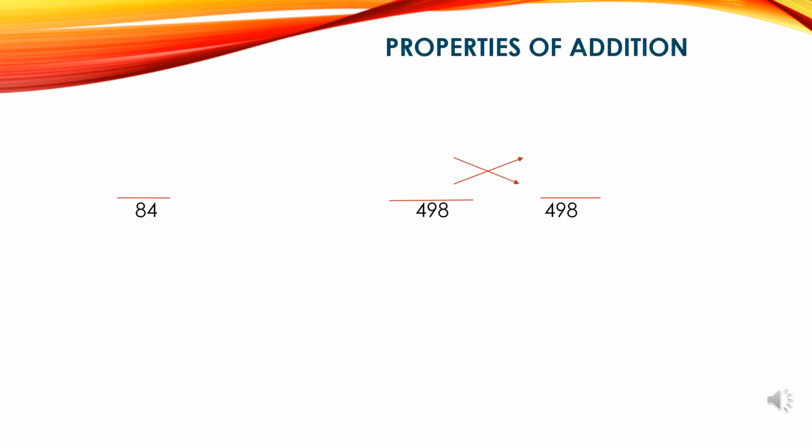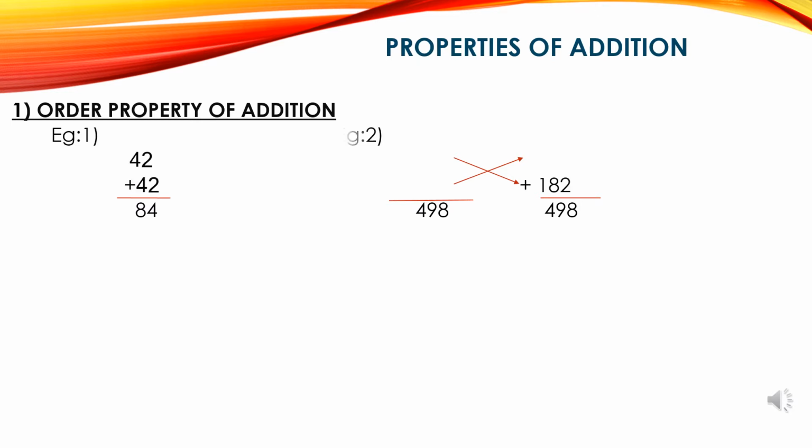Properties of addition. The first one is the order property of addition. In the first example, add 42 plus 42. There is 2 in the ones place and 4 in the tens place.